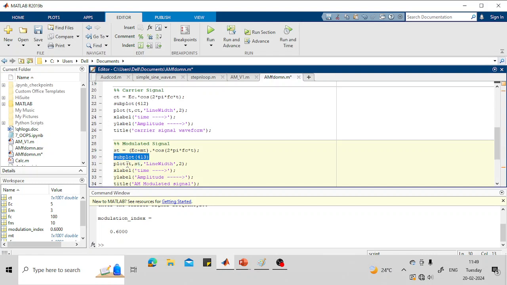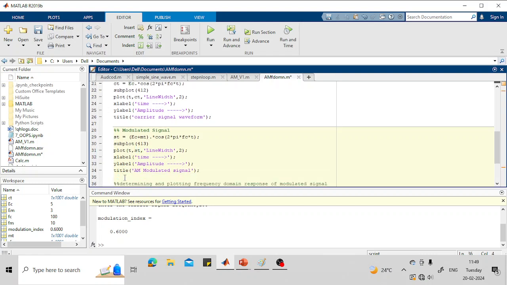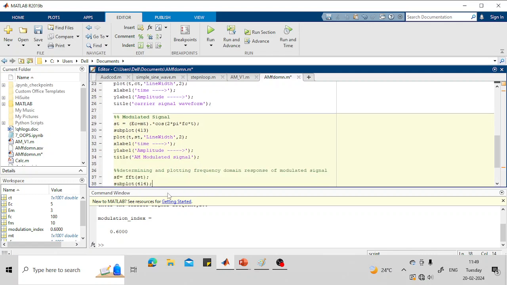We are going to plot t comma st, and this is a line width as usual. X label goes to time, y label goes to amplitude, and the title goes to AM modulated signal.